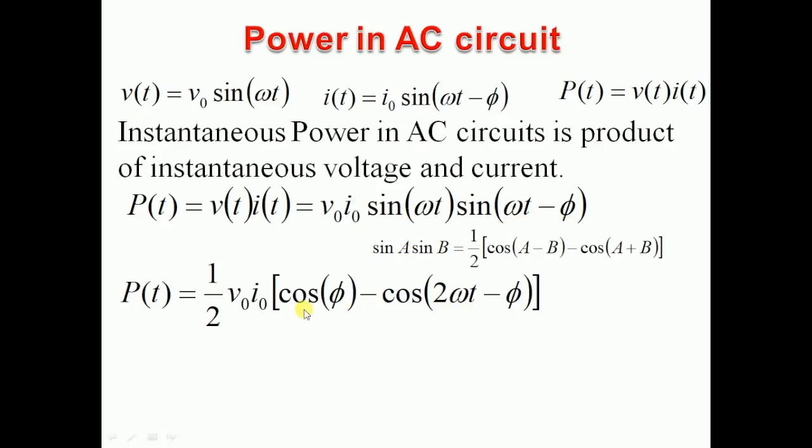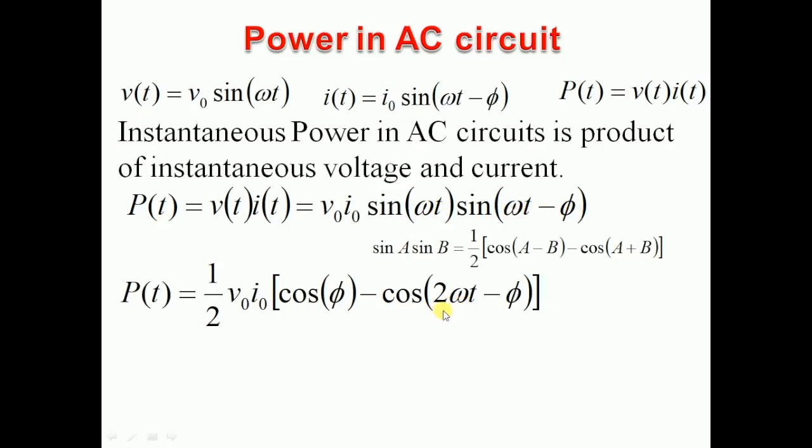We end up with cos of phi minus cos of 2 omega t minus phi. So here A plus B gives 2 omega t minus phi. So here we have a term twice omega t.